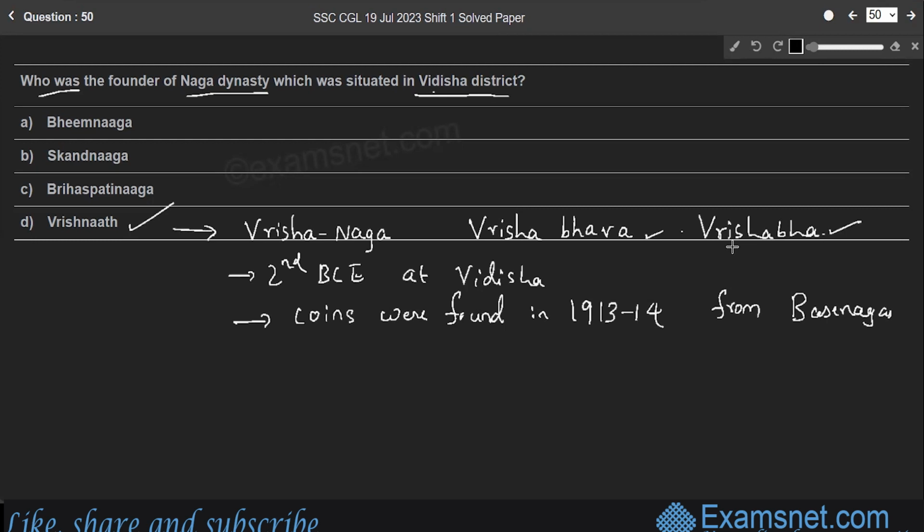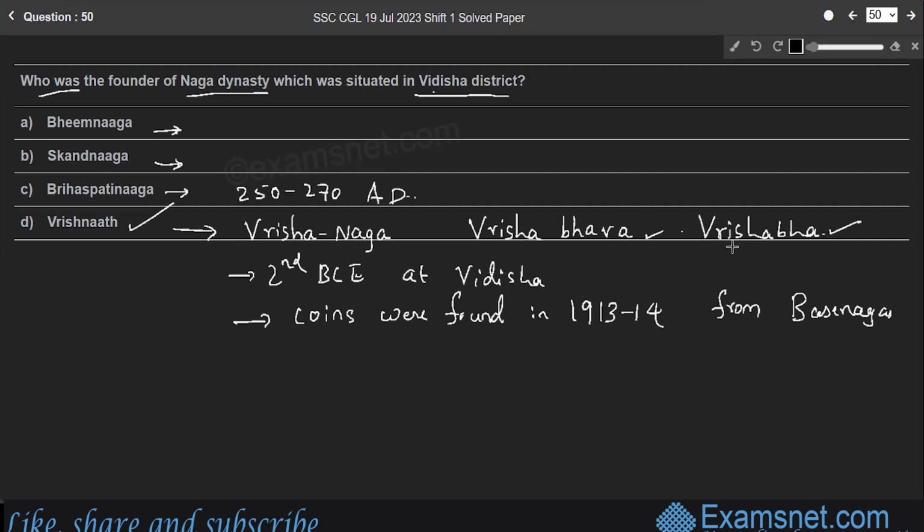Whereas the remaining options, Bhimanga, he was also a king of Naga dynasty, right? Skandanaga of Padmavati was a Naga Vamshi king of Bharashiva family in the Navanaga dynasty. He was also a king of Naga dynasty, whereas Brahaspati Naga ruled Padmavati from 250 to 270 AD.